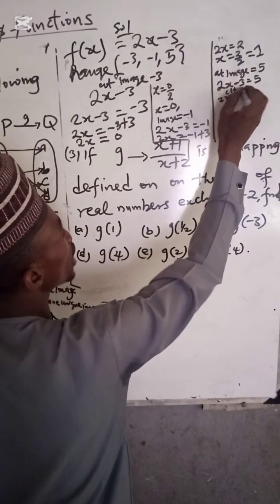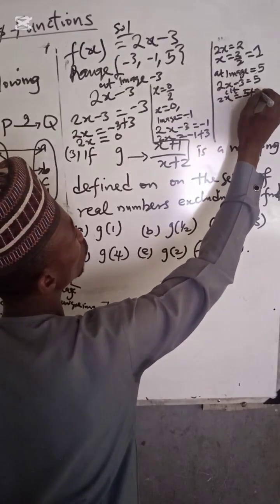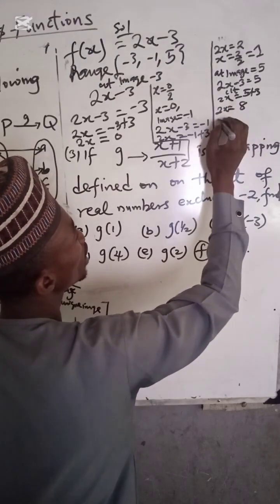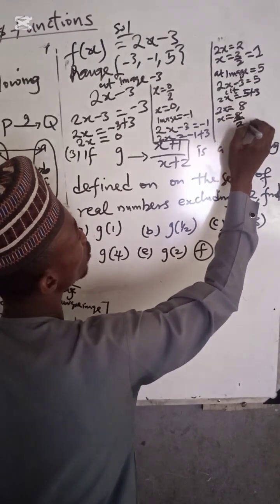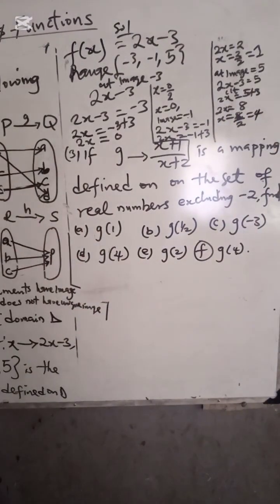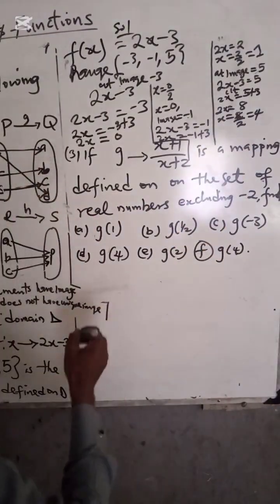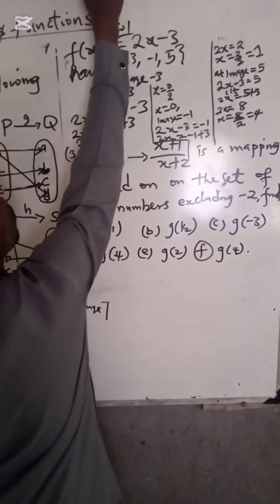We all know what to do: collect like terms. 2x equals 5 plus 3. Then we can now say 2x is equal to what? 8. x is therefore what? 8 divided by 2, which is 4. We now see that x equals 4.